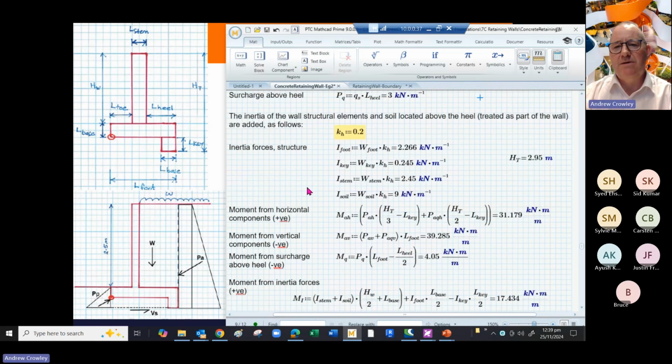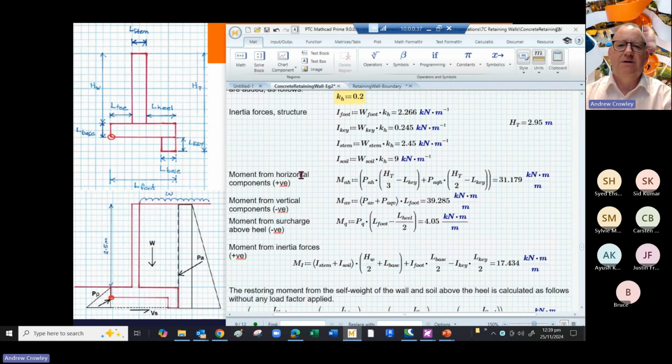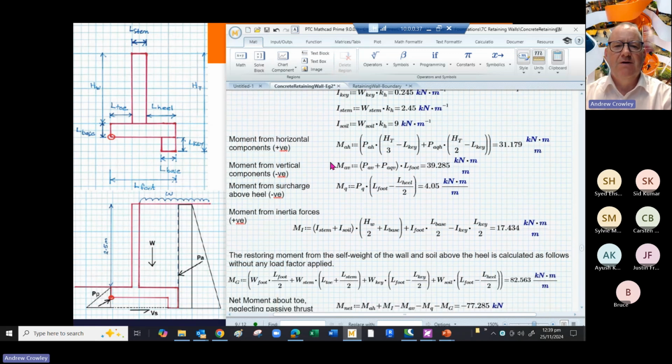What we need to do then, because it's the dynamic load, is work out what the inertia is of these wall structural elements located behind the heel. So the lump of earth behind the heel is treated as part of the wall, and they're added as follows. So the inertia from the foot works out 2.2, and then from the key and the stem and the soil and so on. From that, you have the moment on the horizontal components.